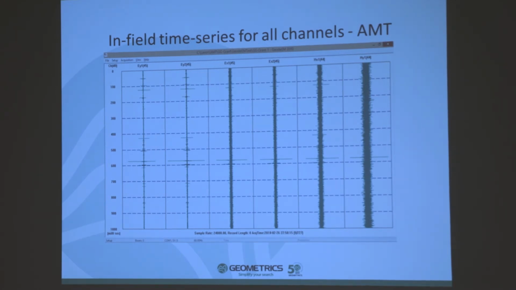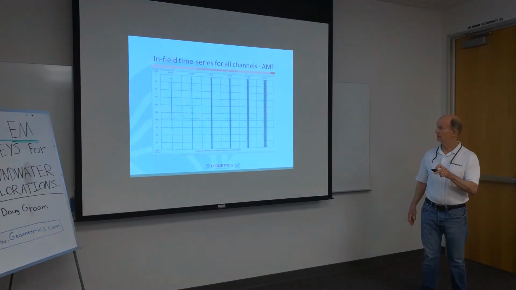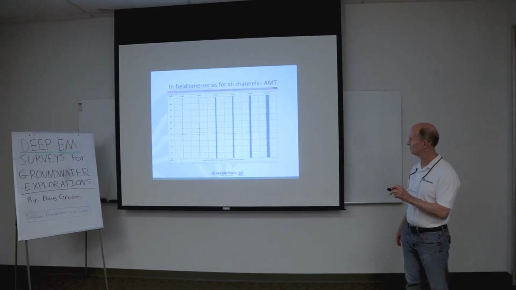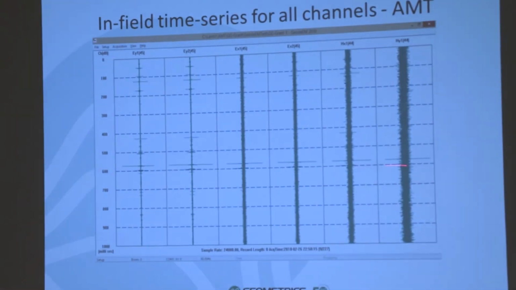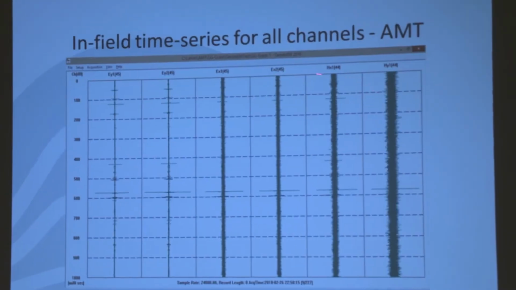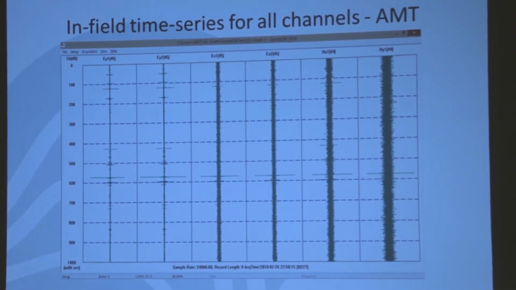They can be hundreds, even thousands of kilometers away. And we're seeing these events in the time series. This is time, and this is the amplitude in each one of those channels. These events are distant lightning strikes. And again, they could be hundreds, even 1,000 or more kilometers away.